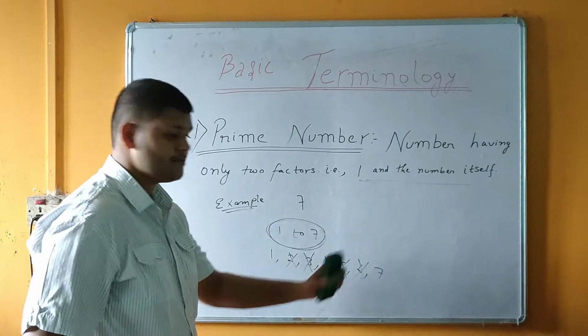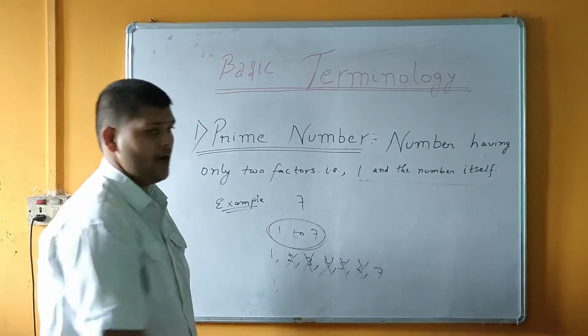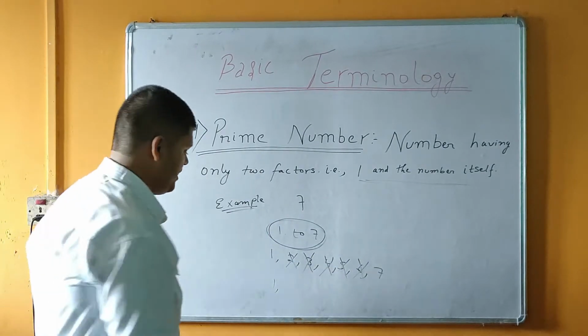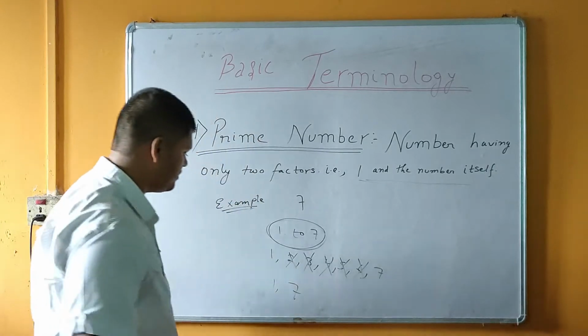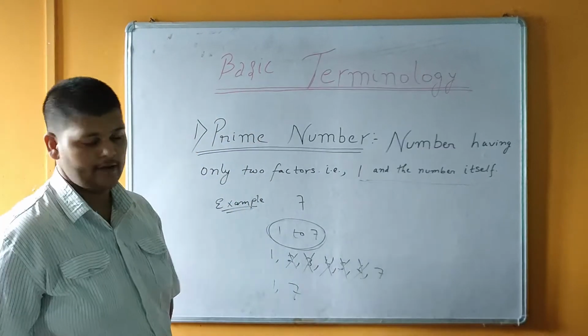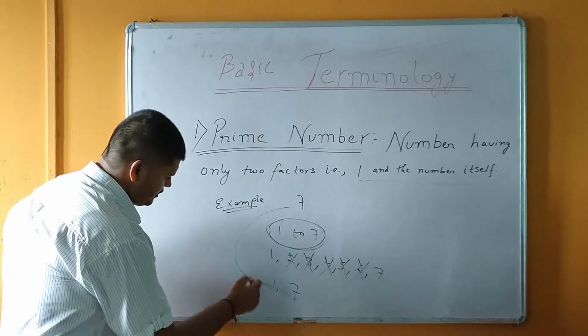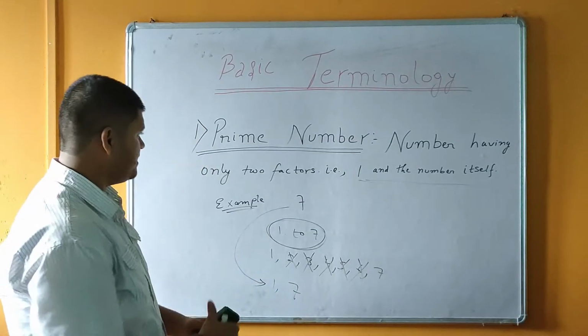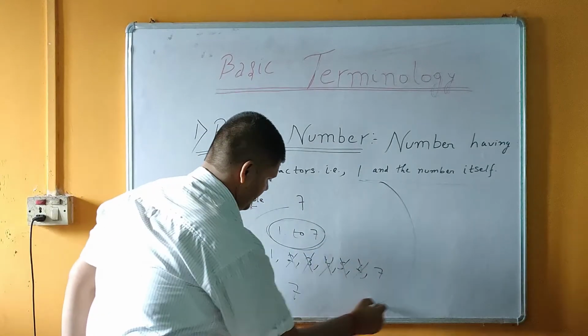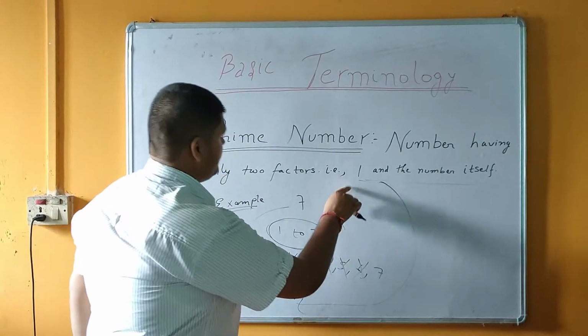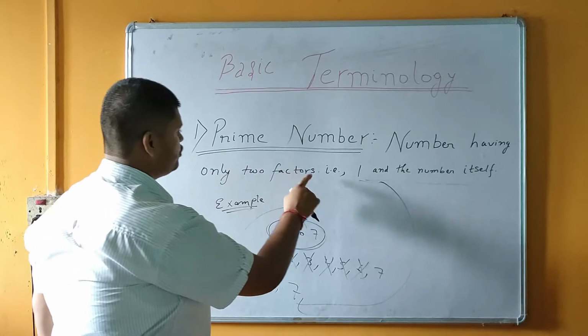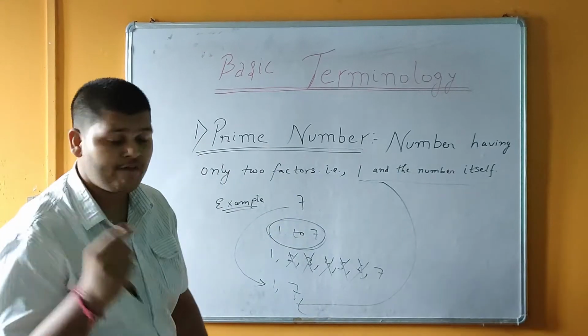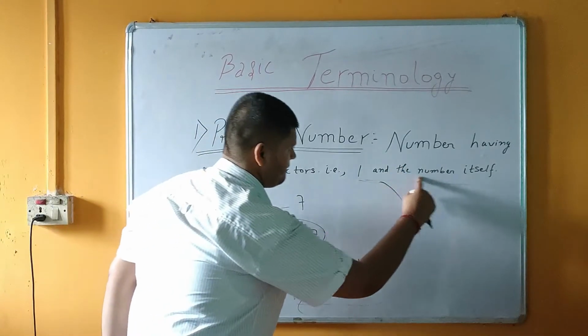In the table of 7, this 7 will occur 1 time. That means 7 is also a factor of 7. So what result have we obtained? 1 and 7. That means we are fulfilling the condition. What is that condition? A number having only two factors: 1 and the number itself.